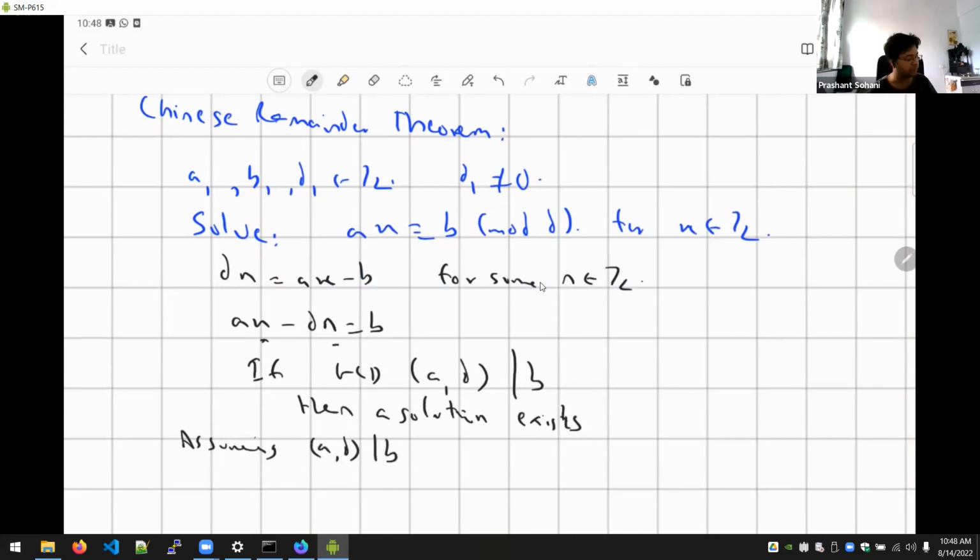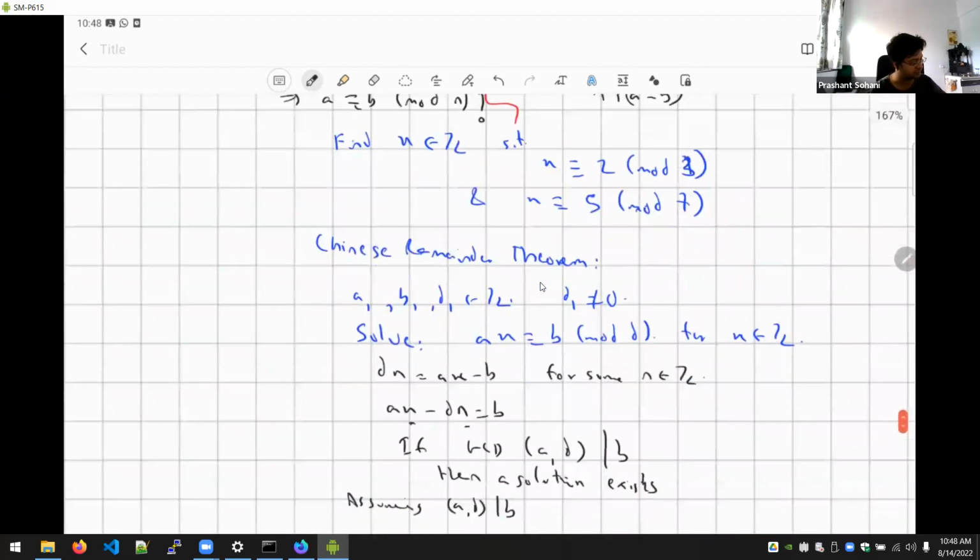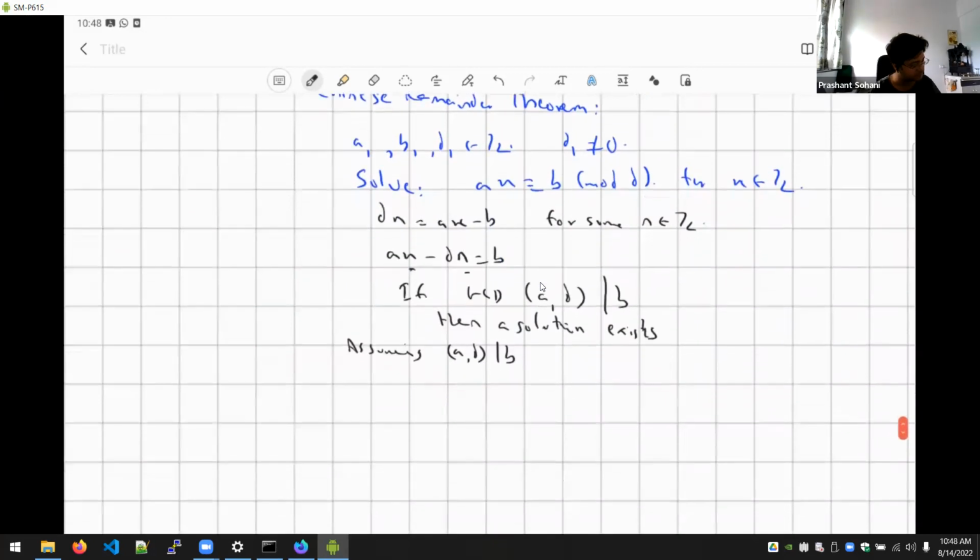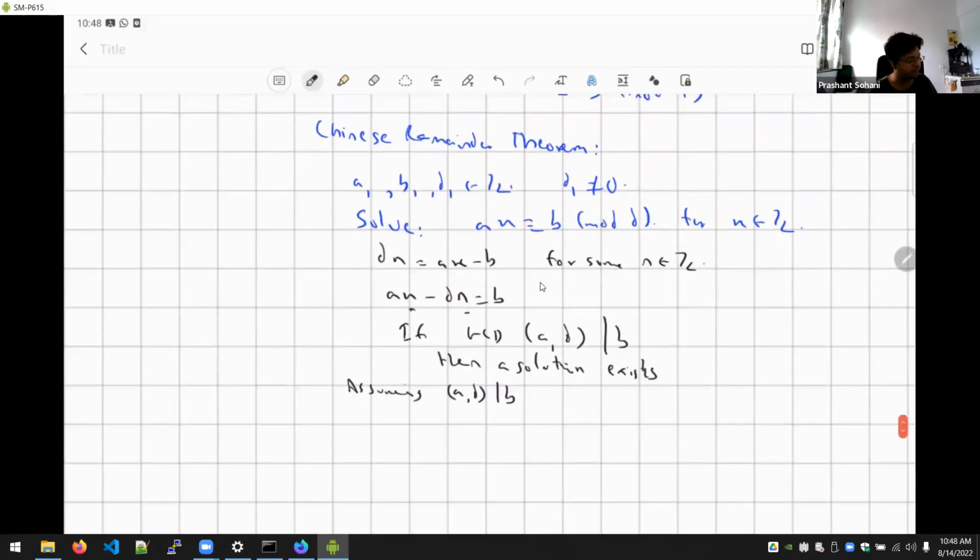then what could be that family of solutions? We know that the Diophantine equation itself has an infinite family of solutions, right? So let some x naught comma n naught be an initial solution of this equation.